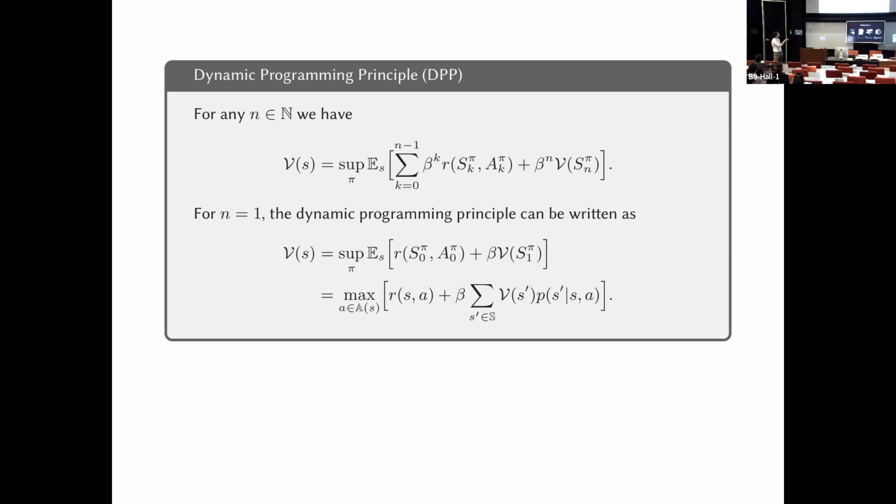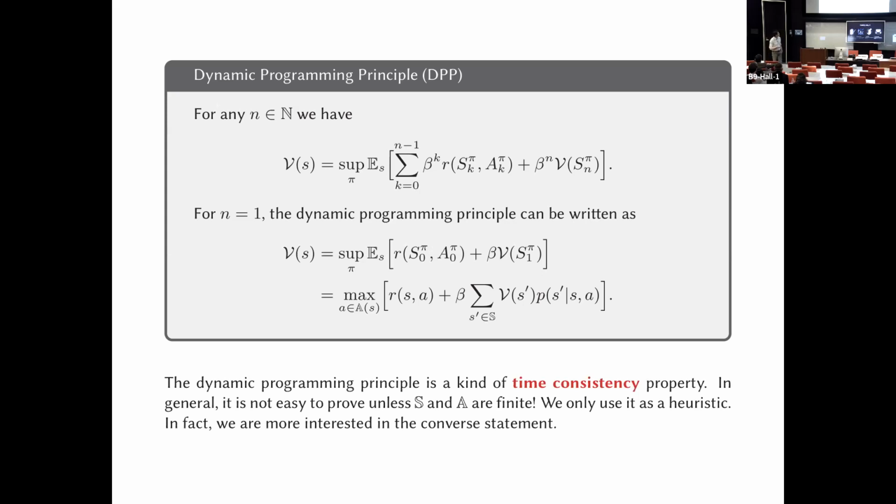And then since you know the transition kernel, you can compute the expectation here. So you're just weighing your value function in the new state S prime with the probability of getting there given your current state and action. So that's a very important equation for us. And of course, you maximize, you choose the best action to optimize the rewards.